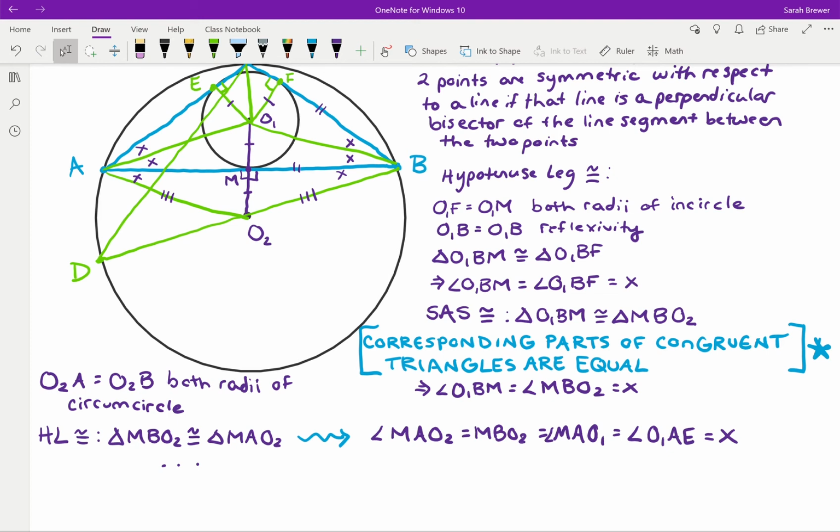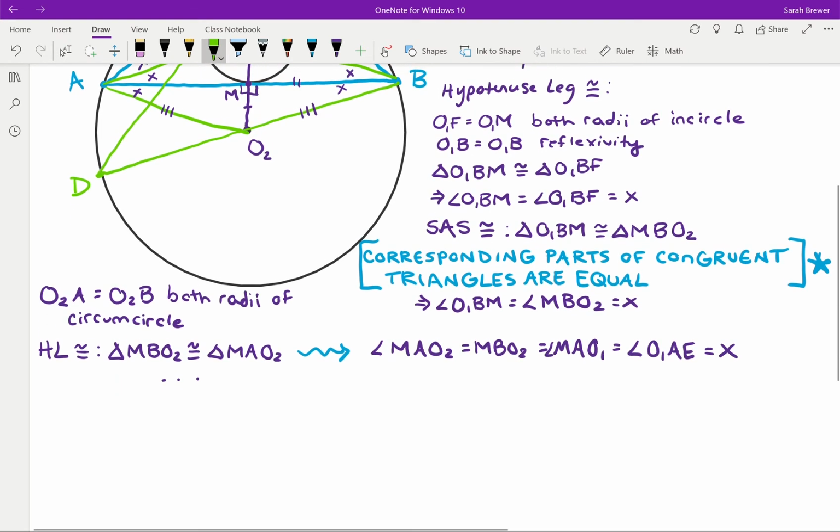Okay, cool. So now let's use this point D that we have out here. So hopefully you would agree that DB is a diameter.